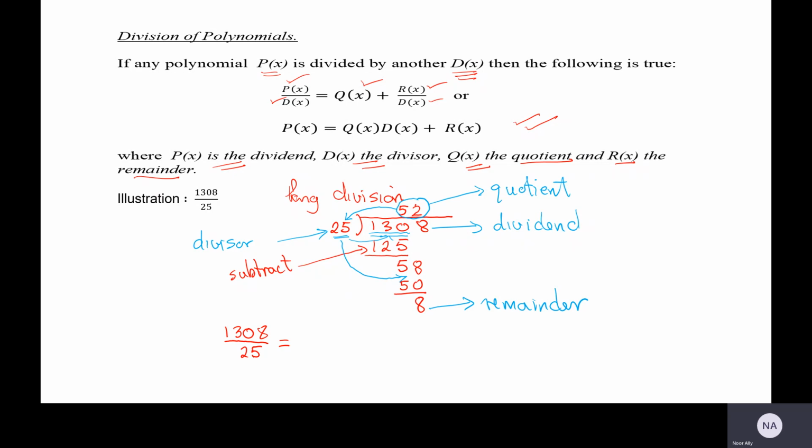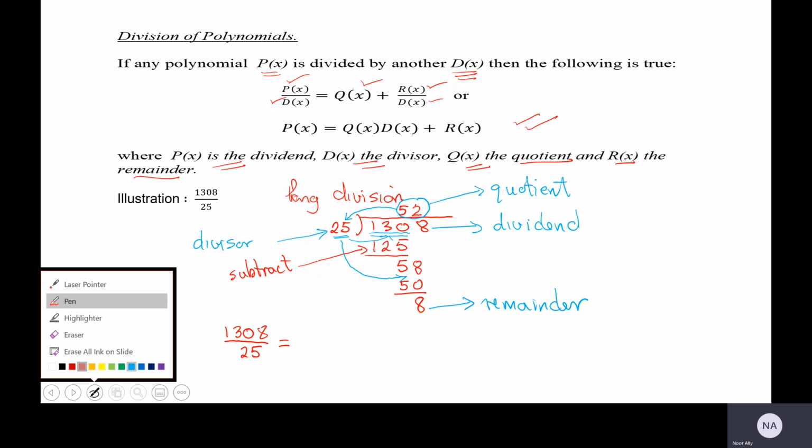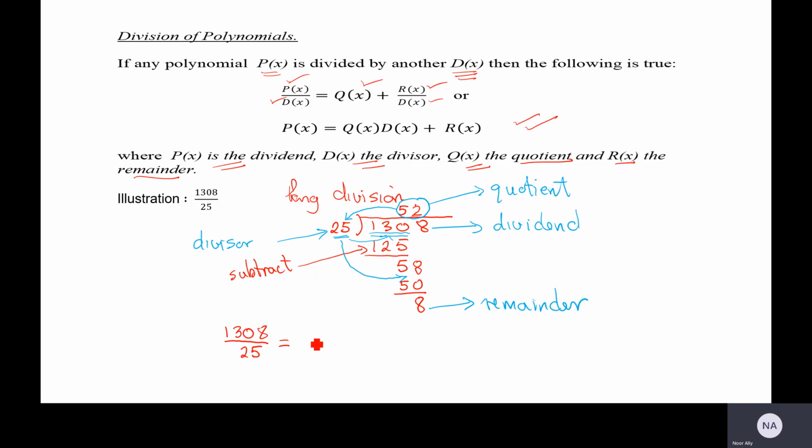So how do we collate this? 1,308 divided by 25 gives me an answer 52 plus the remainder 8. But do I just put 8? No, 8 has a divisor of 25.